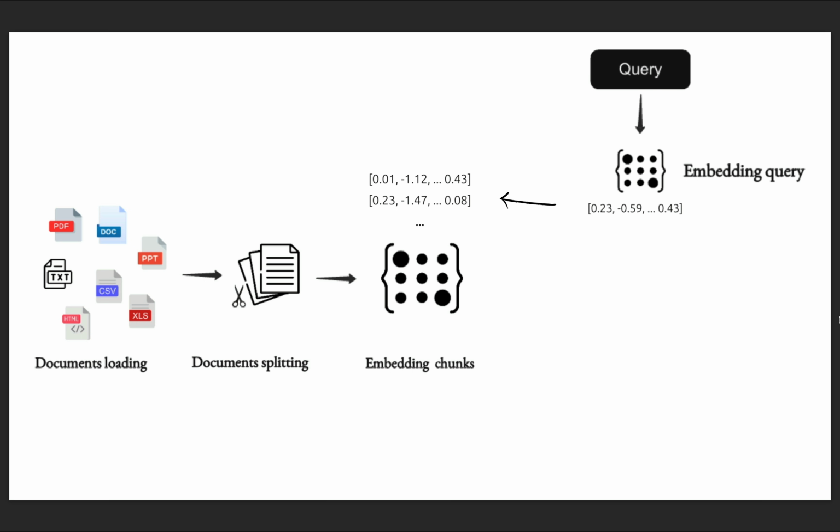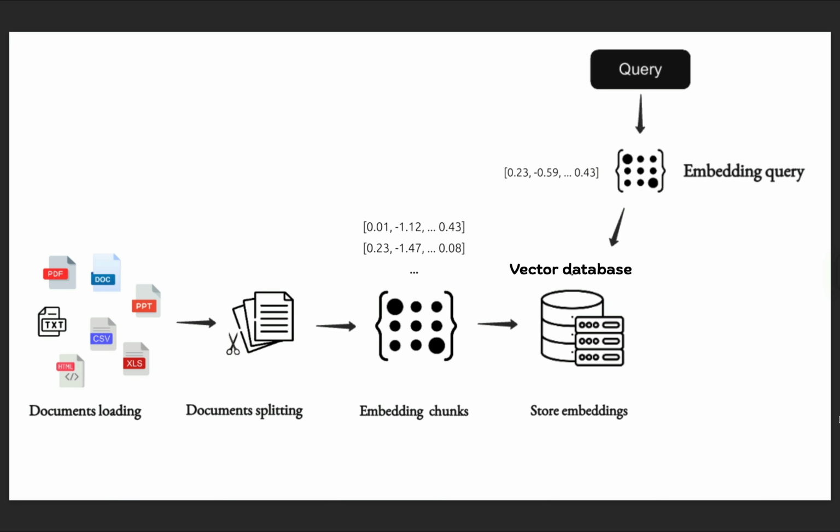Now that every chunk of your document is turned into a vector, we need a smart place to store and search them. That's where a vector database comes in. What is a vector database? It's a special kind of database designed to store embeddings and quickly find the ones that are most similar to a new input. Let's say someone asks, how do I update my billing info?